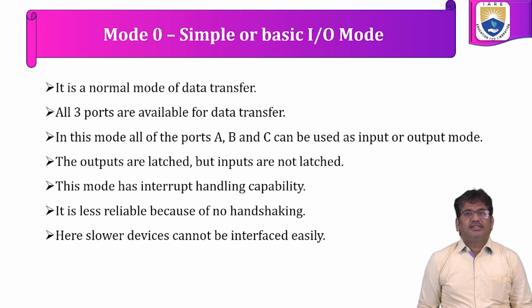This mode has interrupt handling capability. It is less reliable because of not having any handshake signal. If the processor and IO devices are of the same speed, the basic IO mode we can prefer, because the synchronization between IO devices and processor is there.